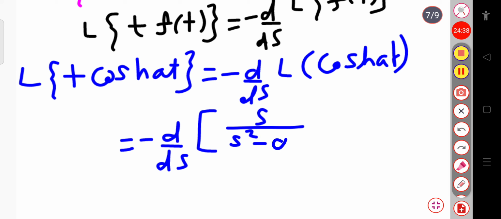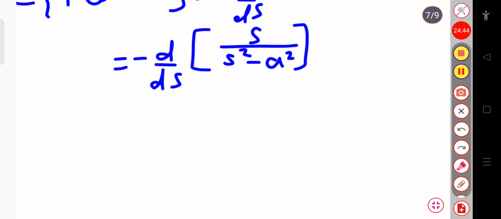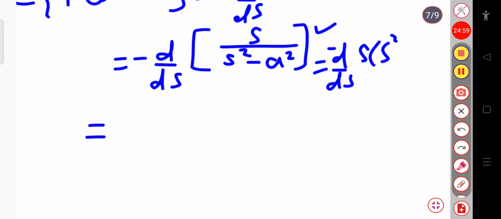Now if I take the derivative of this function, I consider this as minus d by ds of s into (s square minus a square) to the power minus 1. That is, I will use the u into v formula. First, if I take the derivative of s, ds by ds is 1.